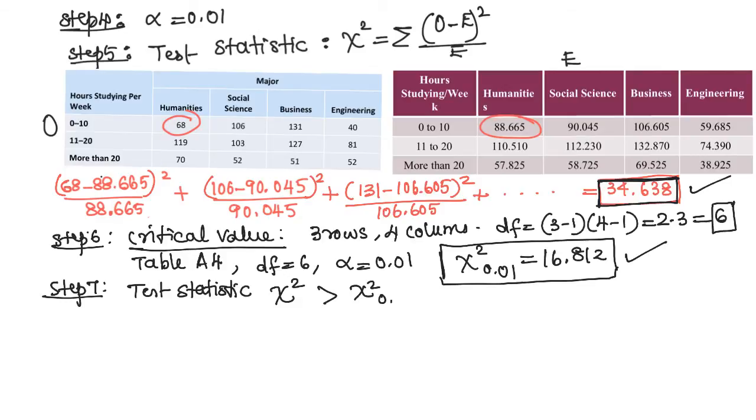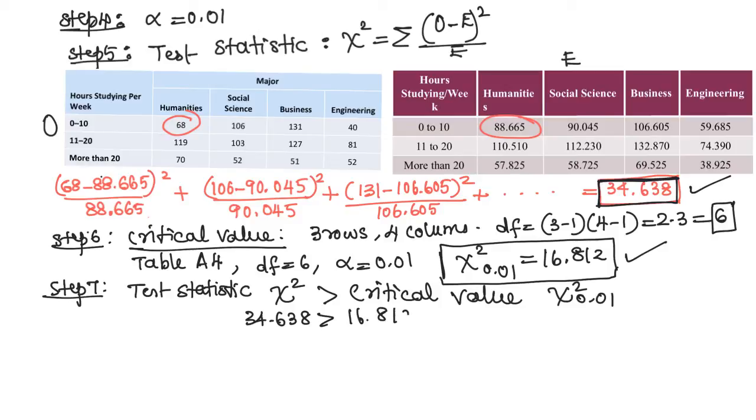So let me write in a sentence. Critical value, that is chi-square at 0.01, because this is 34.638 and this is 16.812. So we reject the null hypothesis. Now you can state a conclusion.